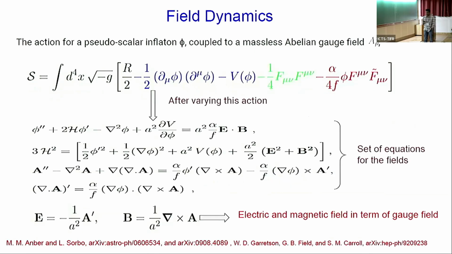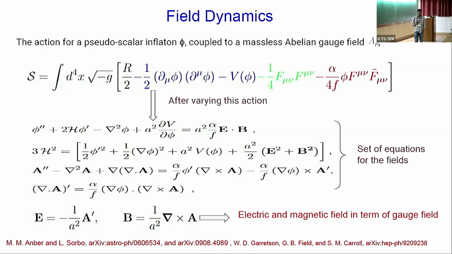After varying this action, we get this set of equations, but I will try to solve them under some assumptions. One assumption is that I will take the Coulomb gauge, so this term is 0.